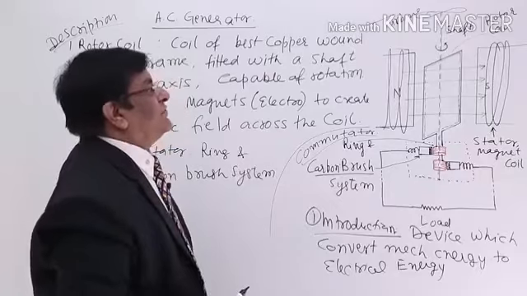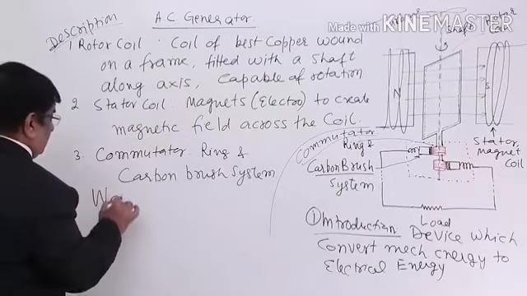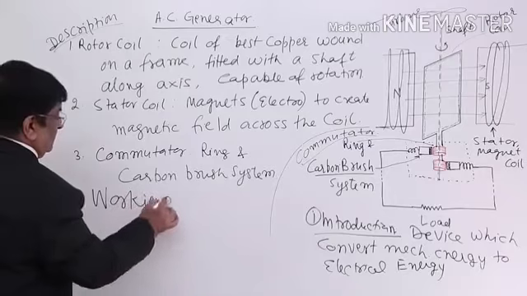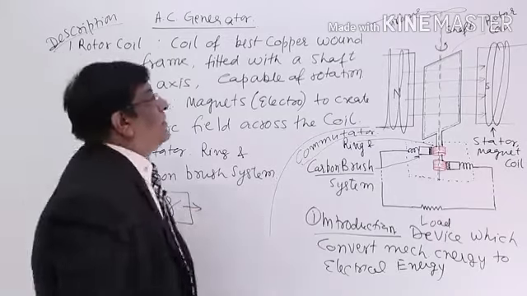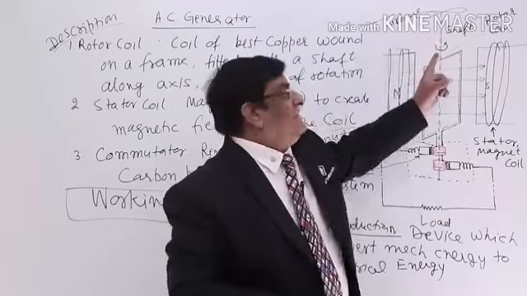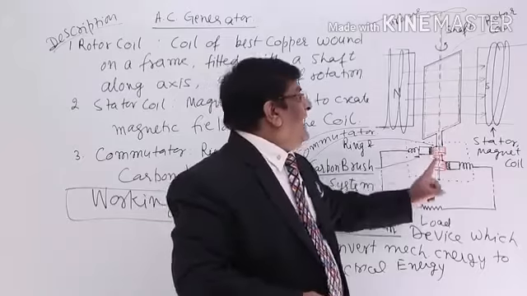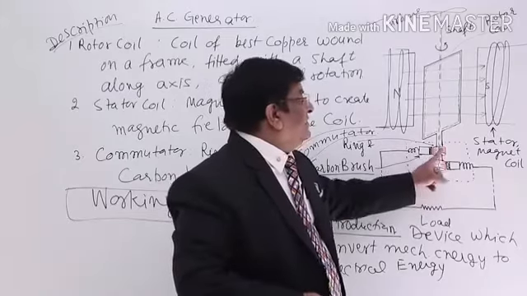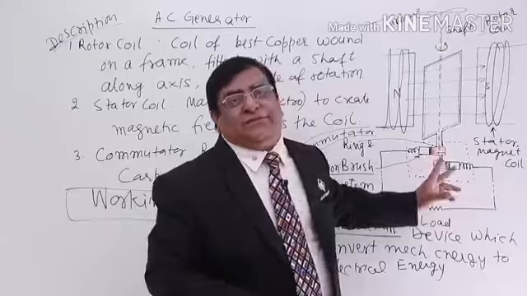Now we come to its working. We give power to the turbine, the turbine rotates, and with that the shaft rotates. When the shaft rotates, an EMF is generated across the two ends, across the two rings.